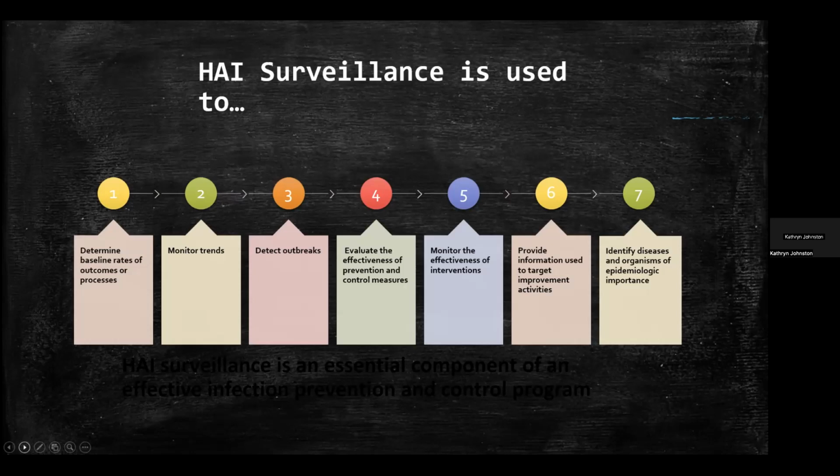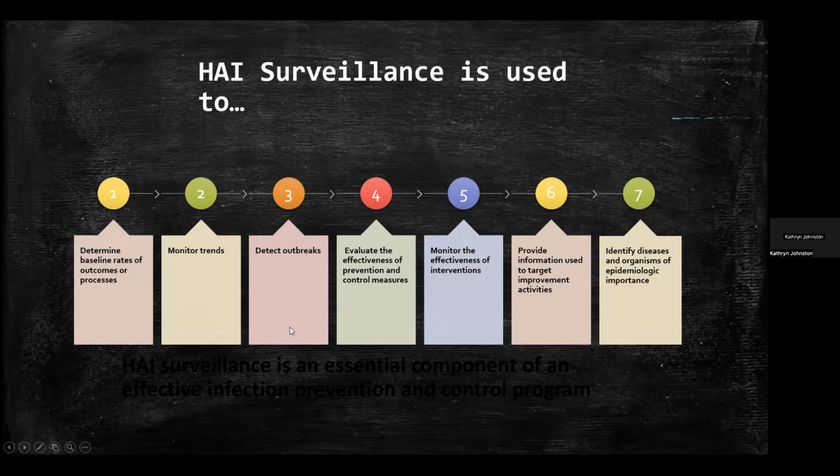It's also incredibly important for monitoring trends. These trends can be monitored annually or monthly or even weekly, depending on what's being monitored. But it's critical to be able to understand what those trends look like over time.